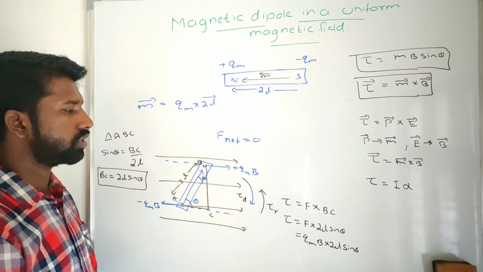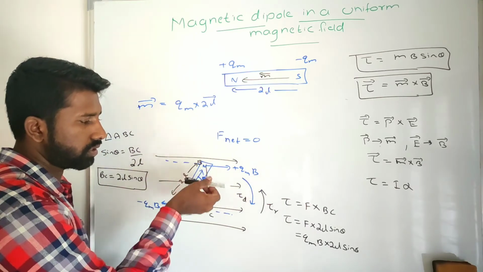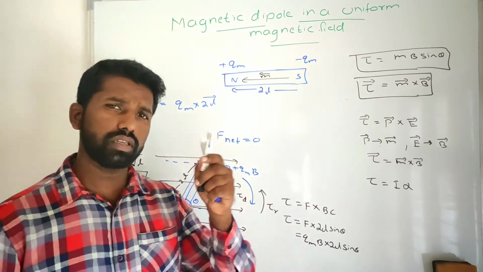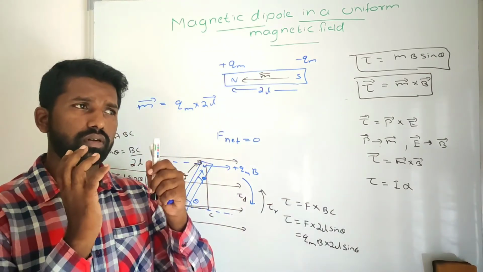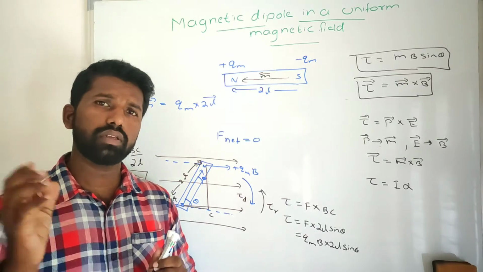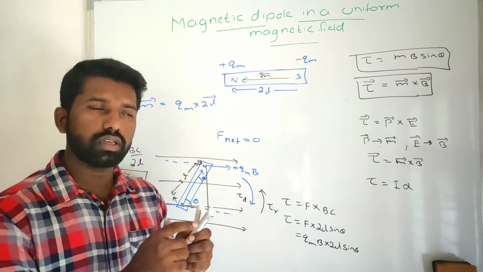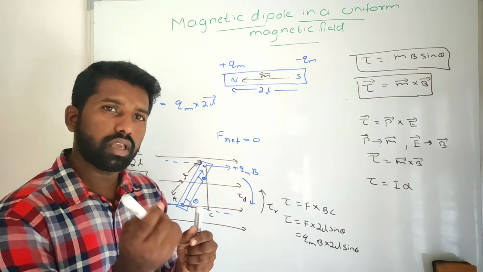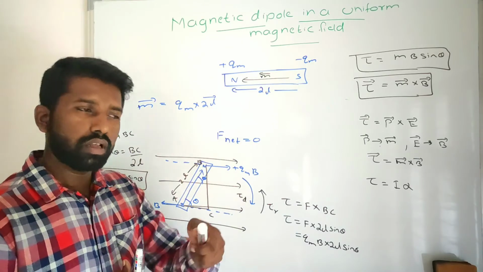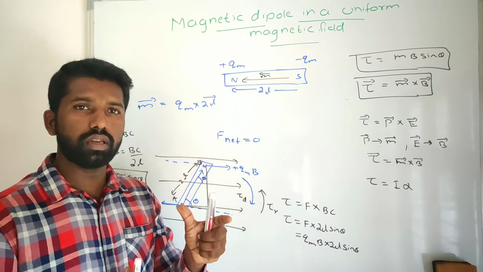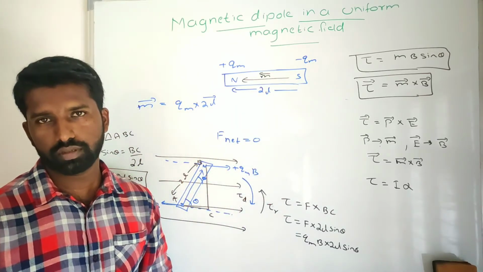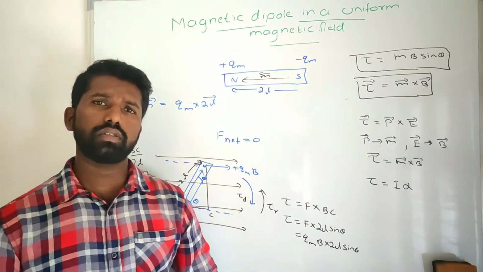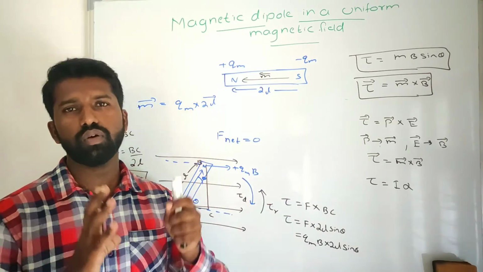You can easily understand this by placing a compass near a bar magnet. You can see that the needle deflects and comes close toward the bar magnet. If you take it away from the bar magnet, the compass needle comes to the original position. Clear? Okay. So when a dipole is placed in a uniform magnetic field, it will oscillate.